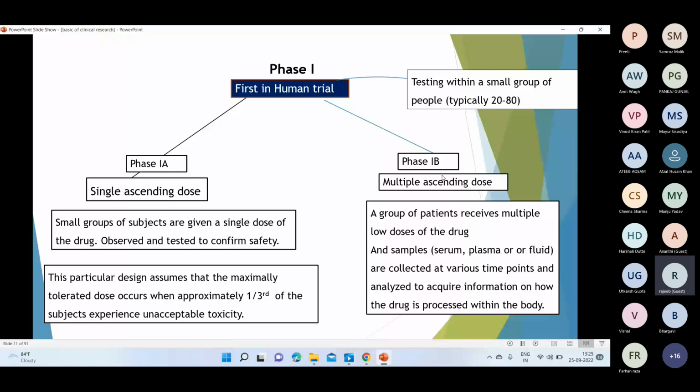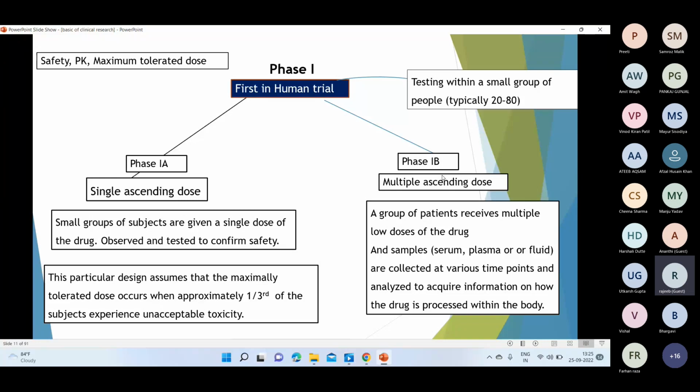Phase 1 trial is further divided into two parts: single ascending dose study and multiple ascending dose study. I'm not going into detail about these now, considering the time. But I'll tell you what we do exactly in phase 1 clinical trial.